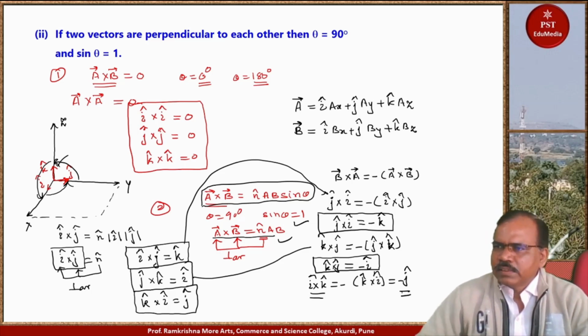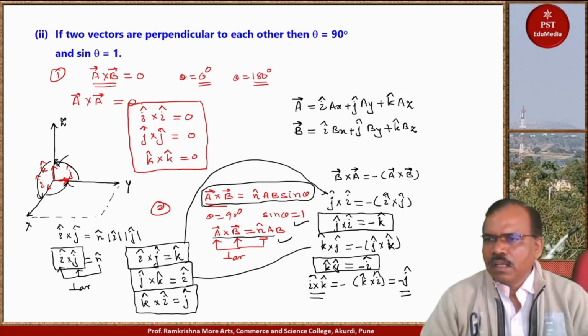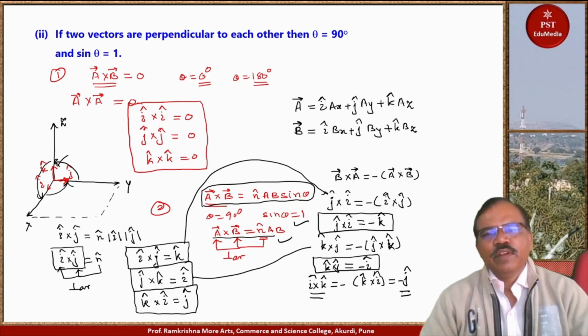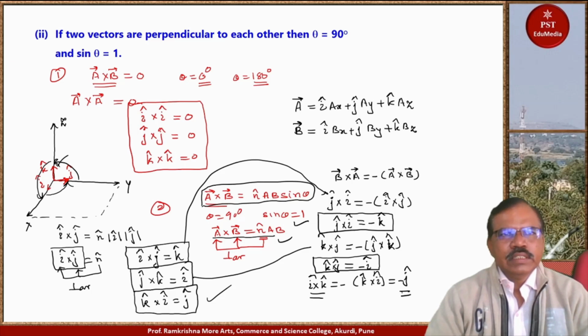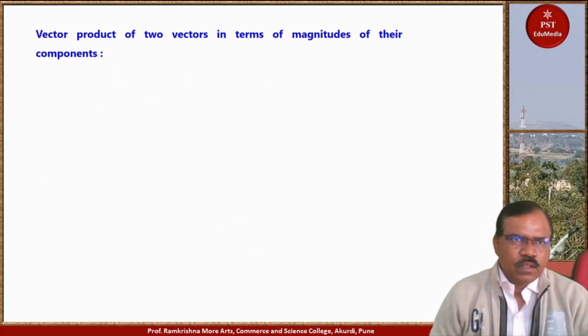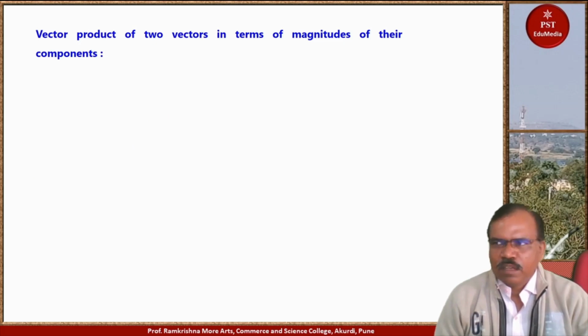So from this, we can use rectangular components of vectors A and B, and we will find A cross B using these relations. So, the vector product of two vectors in terms of magnitudes of their components.